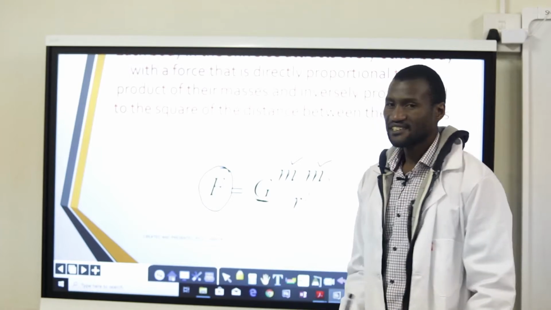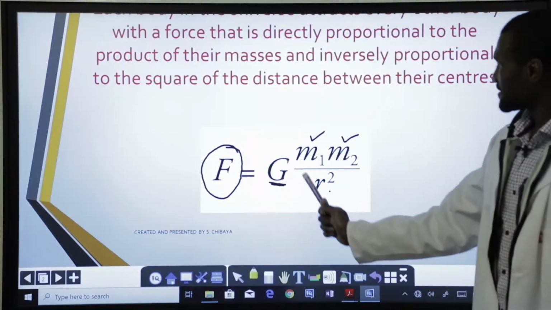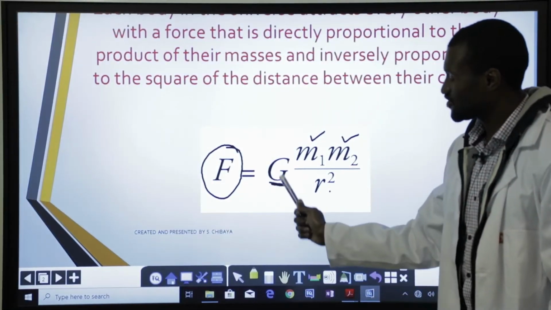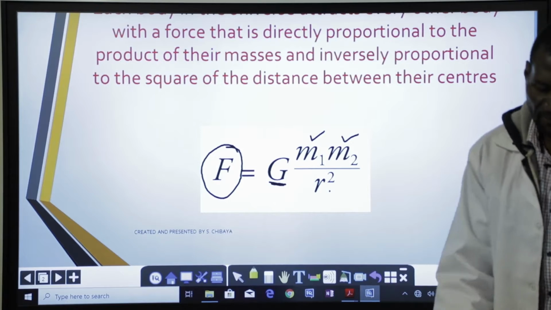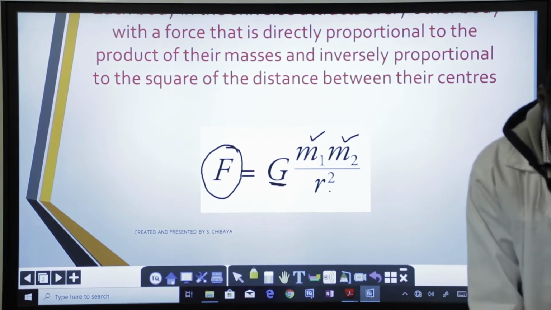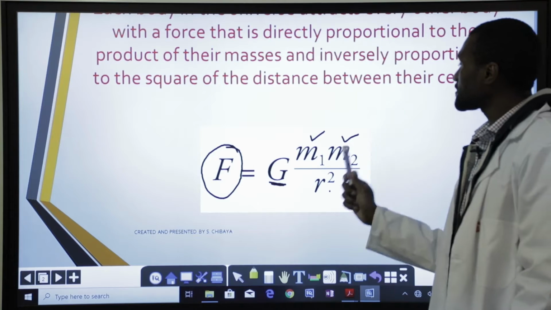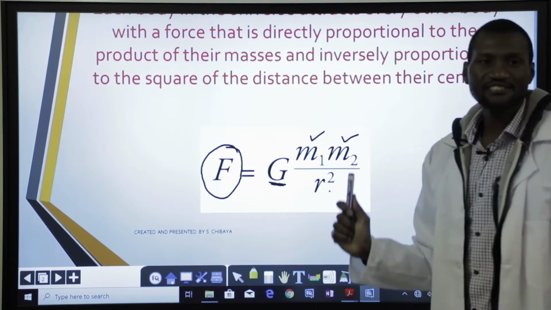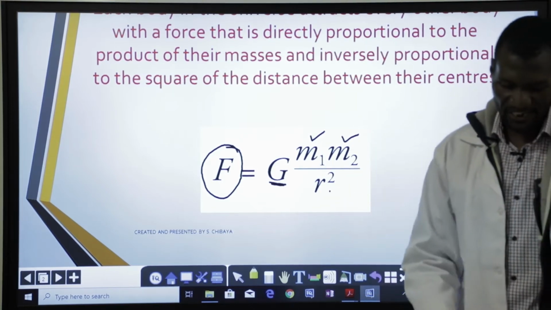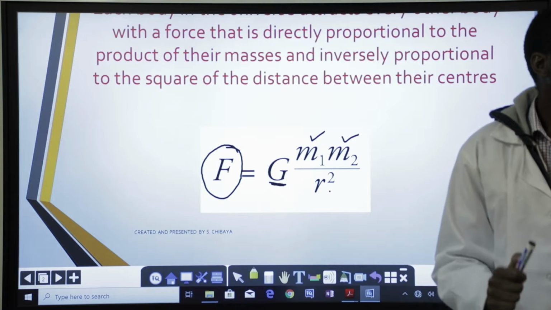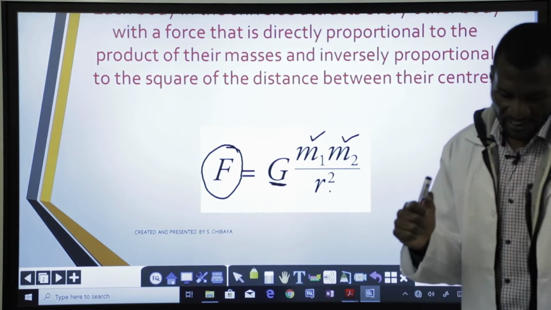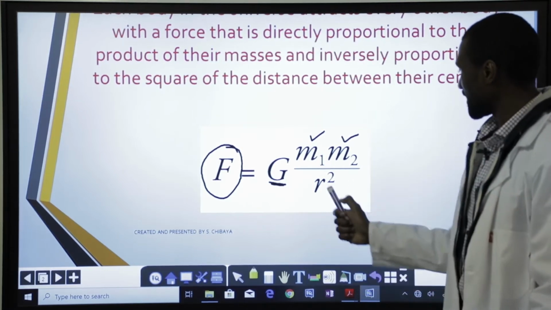The force is in newtons, and the gravitational constant G, which you will also find at the back of your question paper, is equal to 6.67 times 10 to the power negative 11 newton meter squared per kilogram squared.